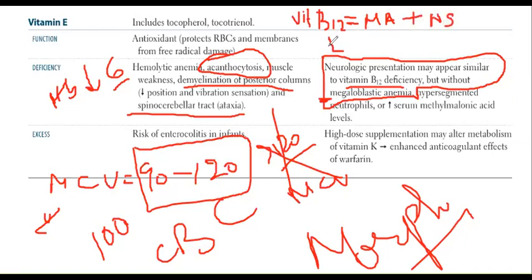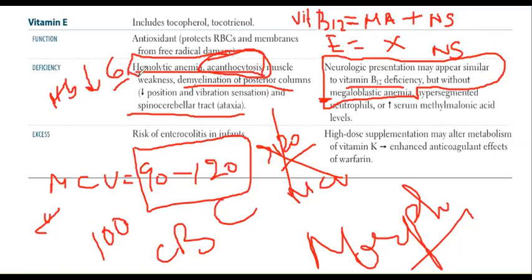But in vitamin E, you will see neurologic symptoms and no megaloblastic anemia, but you will see hemolytic anemia along with acanthocytosis.